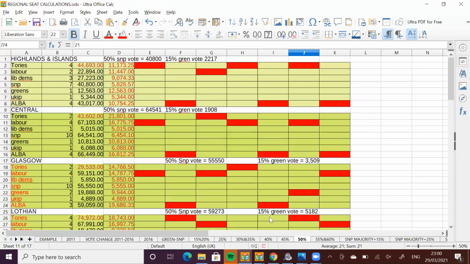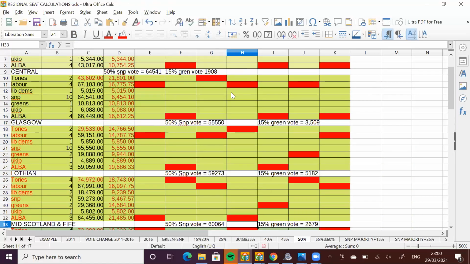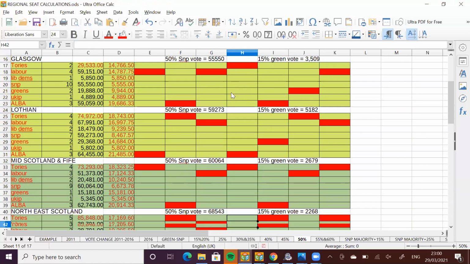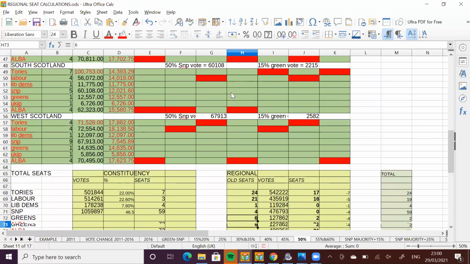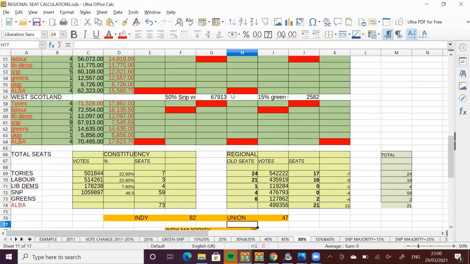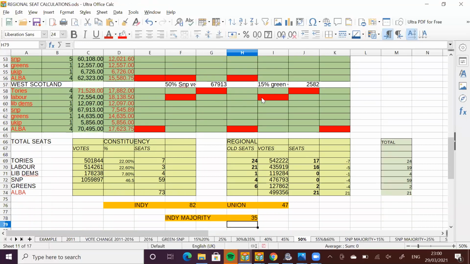And then if we can get 50%, it's 21 MSPs for Alba, and that Indie majority goes to 35.